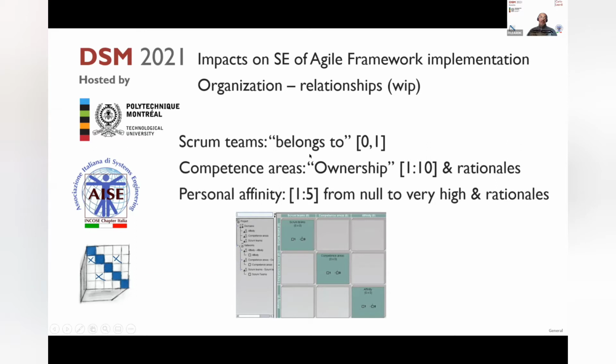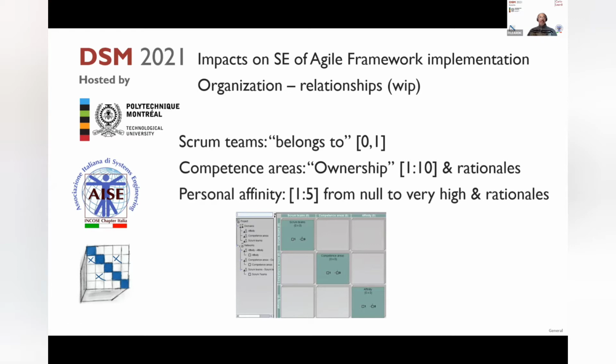One is belonging to, so how much the person belongs to. It can be 0 or 1, but can also be the percentage of time allowed to their weekly or sprint working time. Then the second dimension is competence.